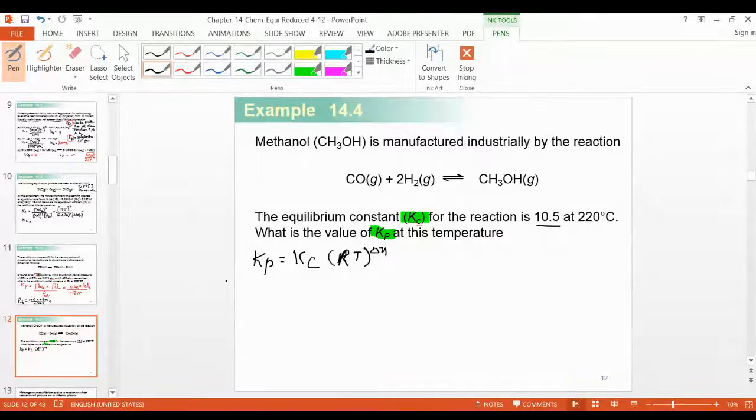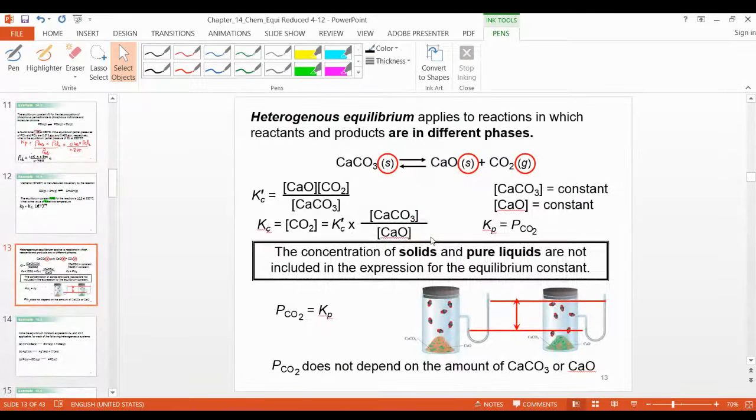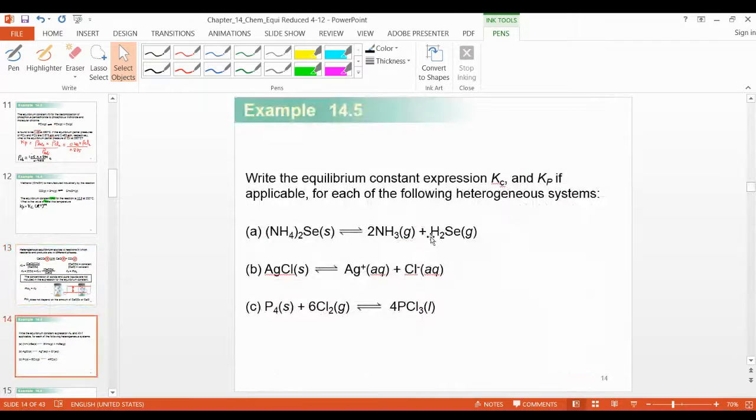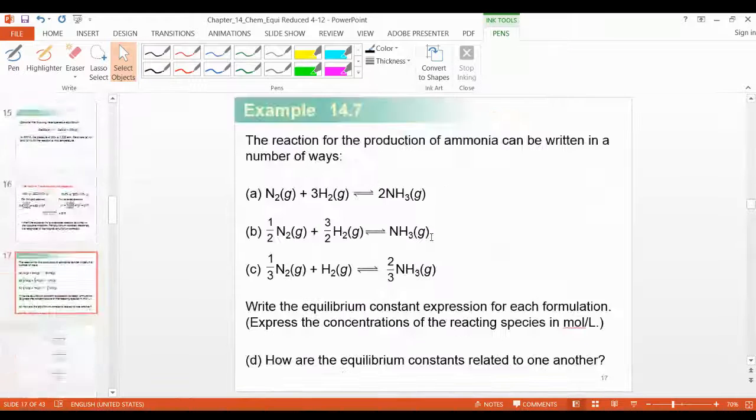So now after that, I think this is heterogeneous. I will explain later. There are some examples here.